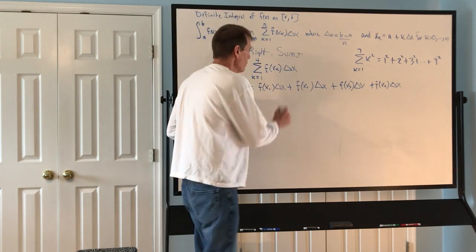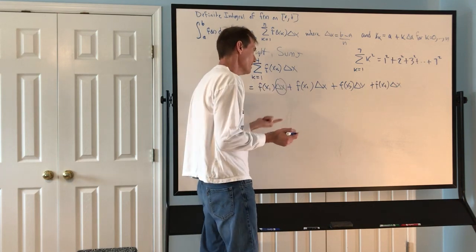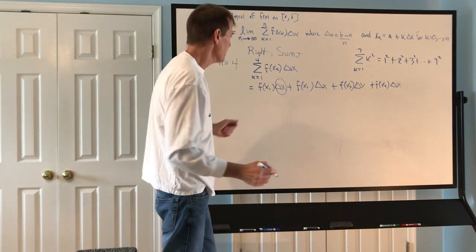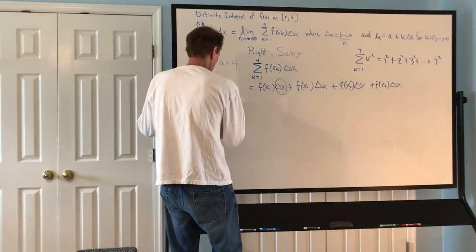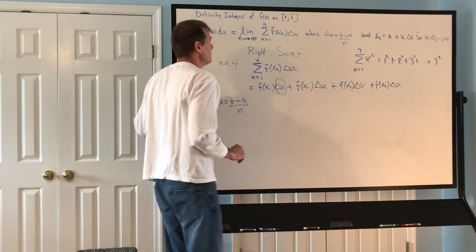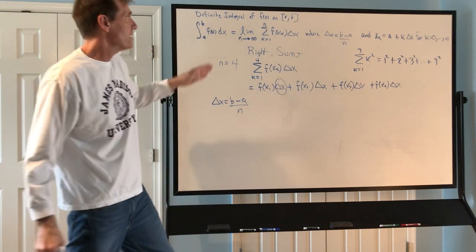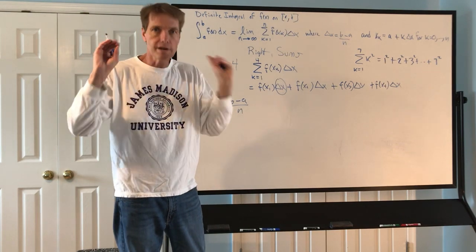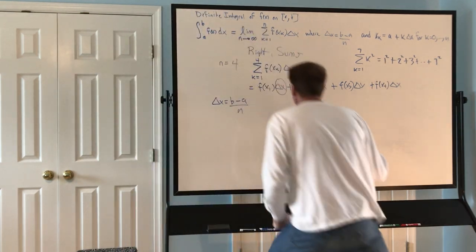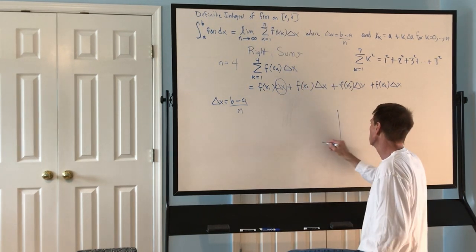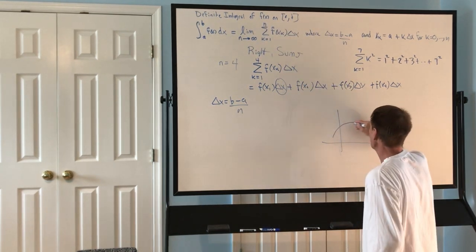Okay, who is this guy? Who is this guy? Okay, and this guy, and that guy, and that guy. Well, delta x is b minus a over n, where b and a are the endpoints of the interval that we're interested in. So we got this function, a function f of x. So let me draw that.